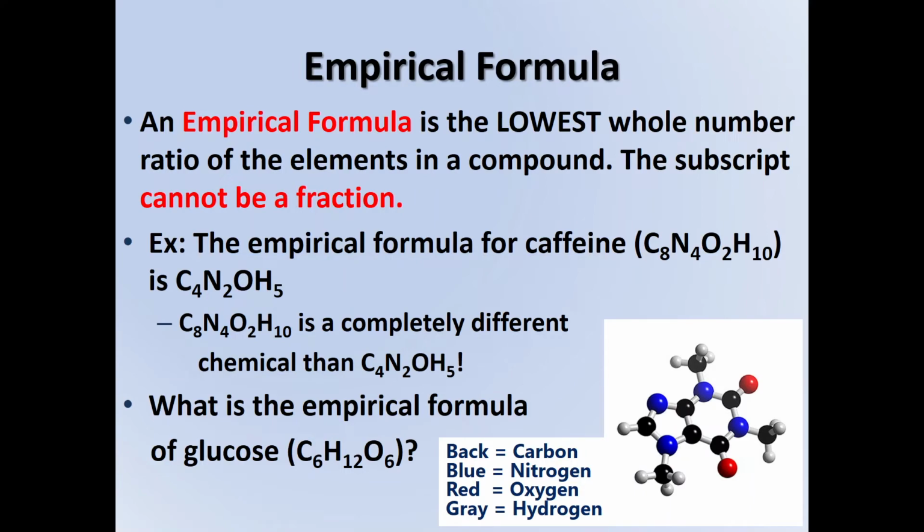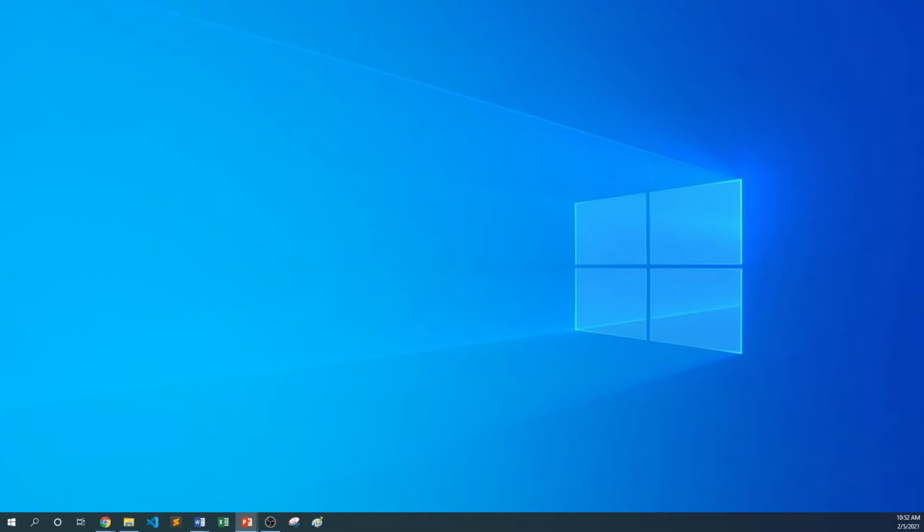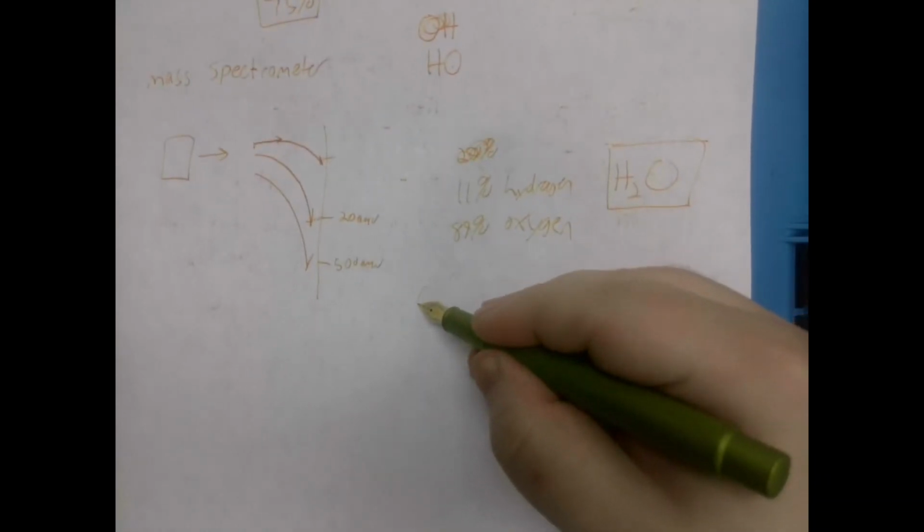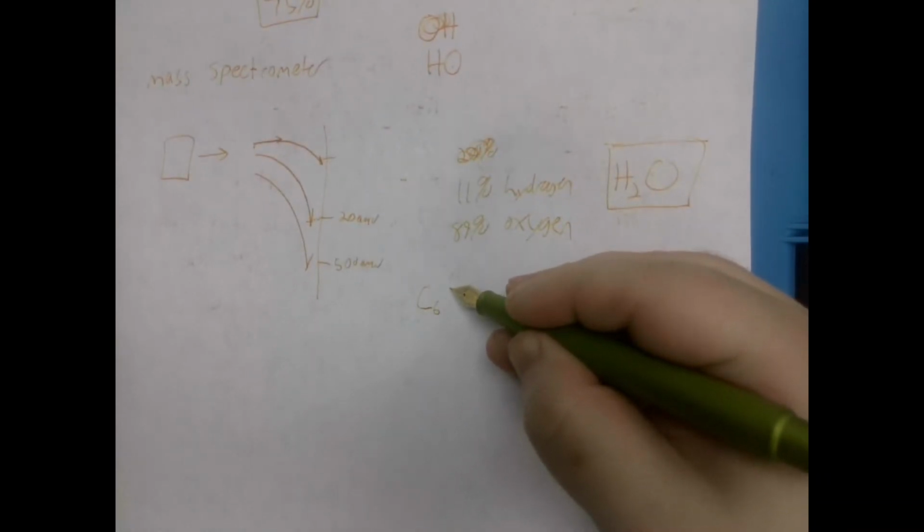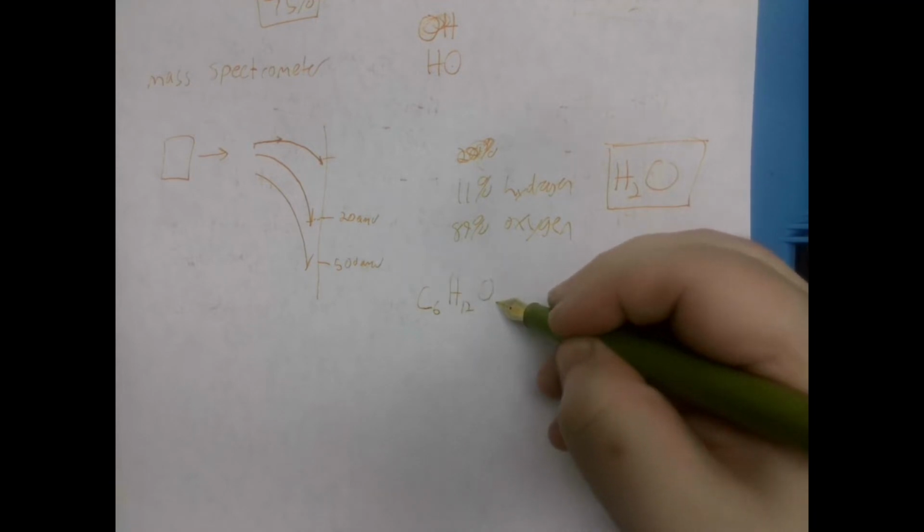So what would be the empirical formula for glucose? Glucose is C6H12O6. What is it? CH2O. So the empirical formula for glucose, the formula unit is C6H12O6.